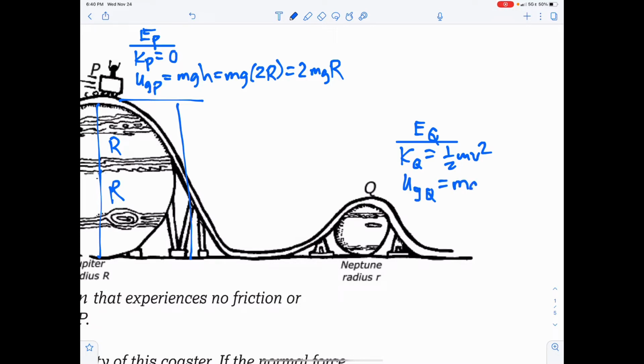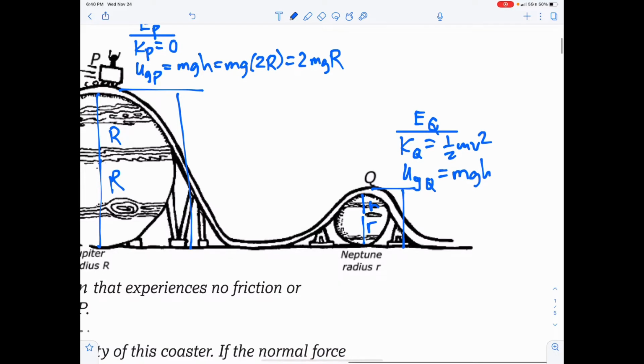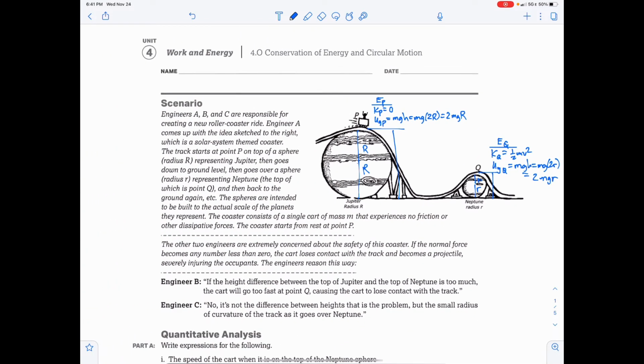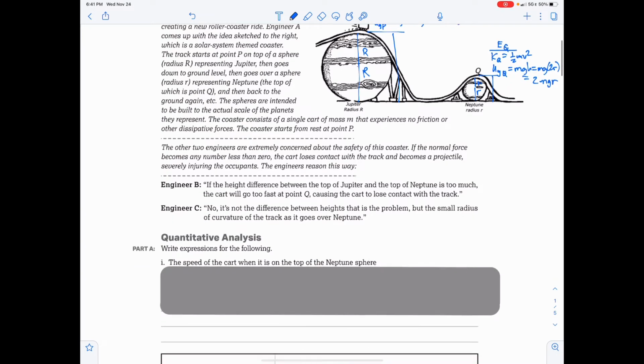But this one's going to be mgh, where h this time is little r plus little r, or m times g times 2 little r, or 2mg little r. I'm not including spring energy in this problem, as you can clearly see there is no spring.